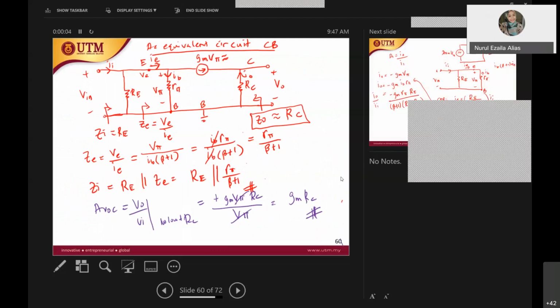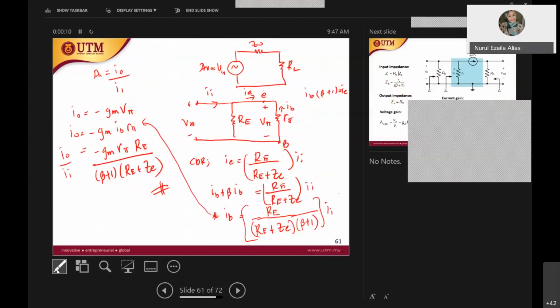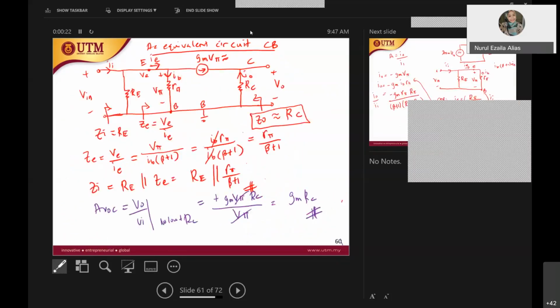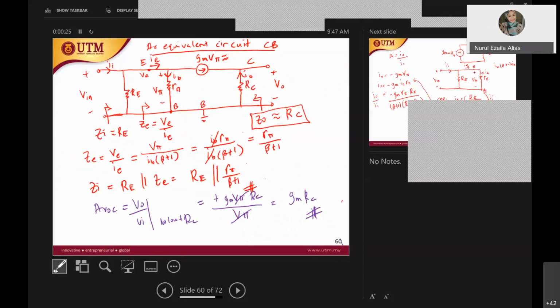Because I use IE equals beta plus 1 IB. So actually you are right, IE is equal to IB plus GM V pi. But GM V pi is equal to IC, doesn't it equal to the beta IB?